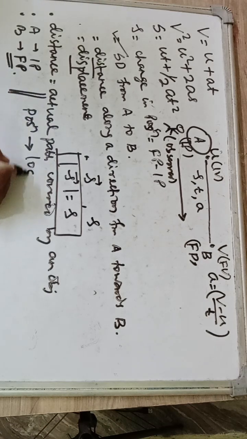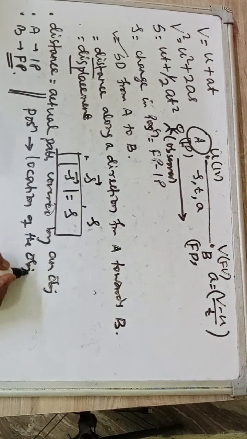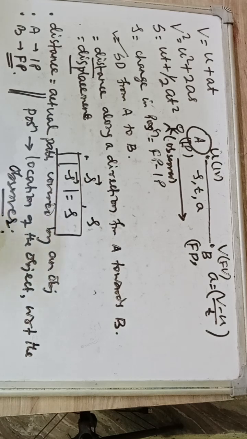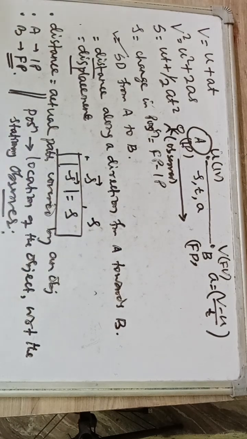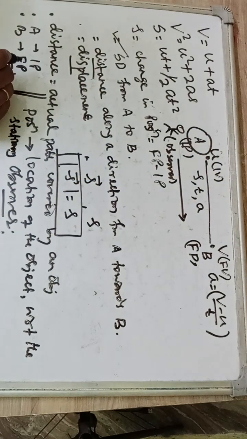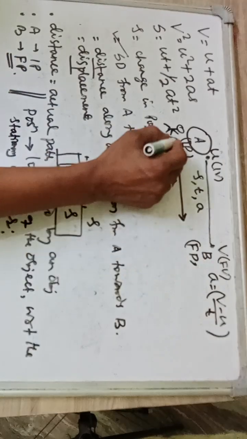It indicates the location of the object as seen by the observer, or with respect to the observer. And this observer is not moving, that is a stationary observer. For an observer who is not moving, the position of the object at A will become the initial position, and after some time the object will be at B, it will become the final position.